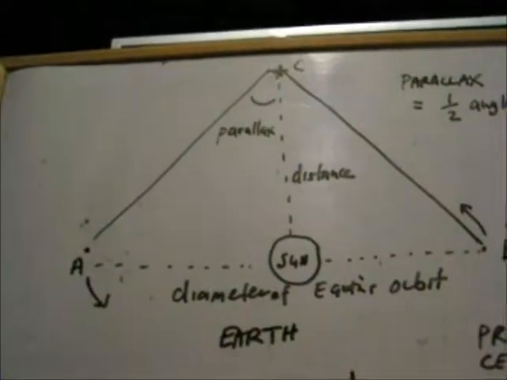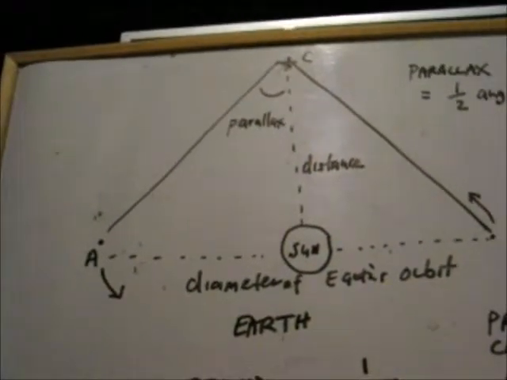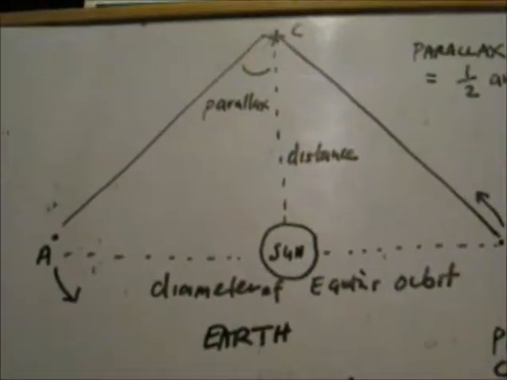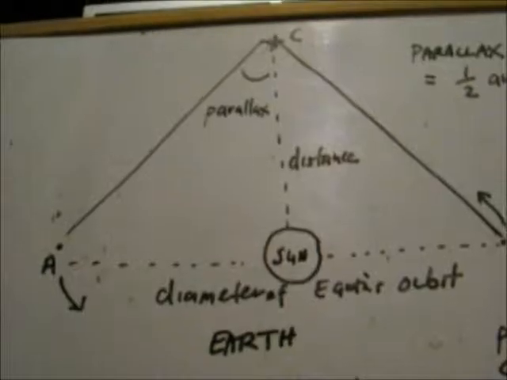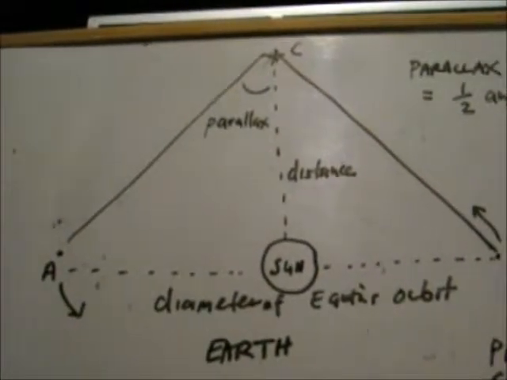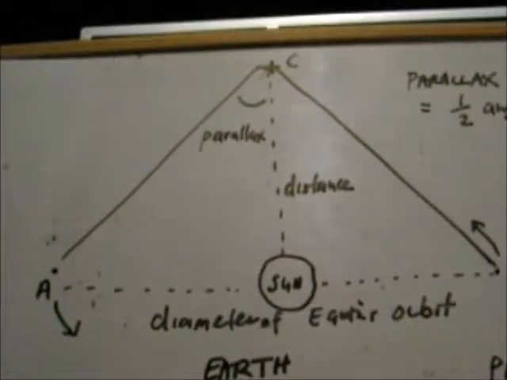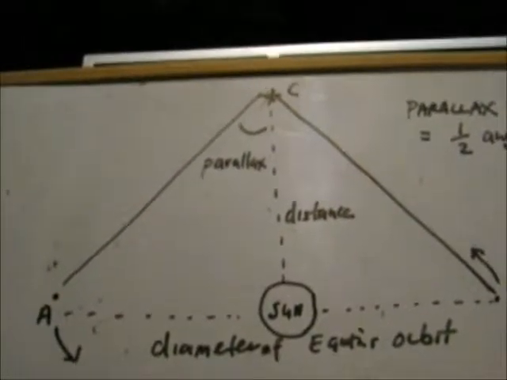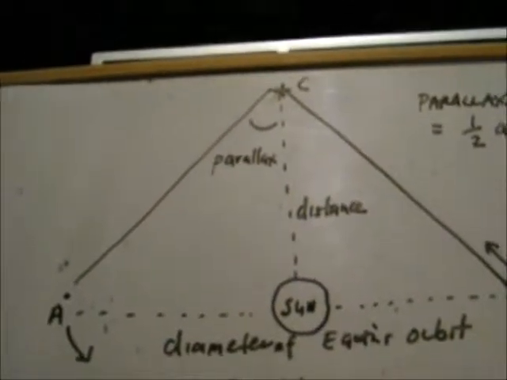It was known at the time of Bessel in the 1830s that the diameter of the Earth's orbit was 300 million kilometers. It's a long distance, but in stellar terms that is not a long distance. But knowing this diameter and being able to measure the apparent movement of the star, in this case 61 Cygni.